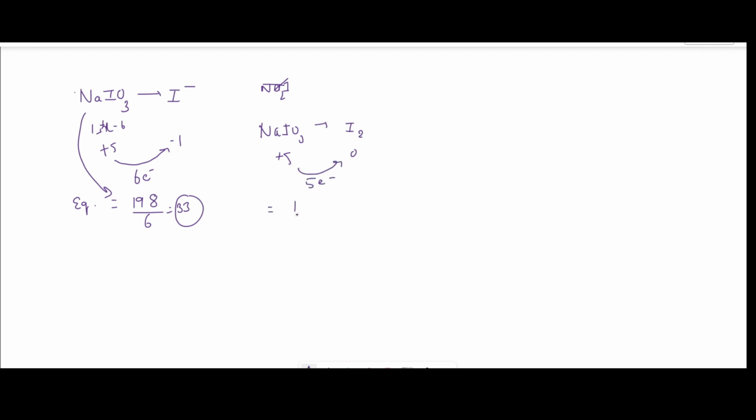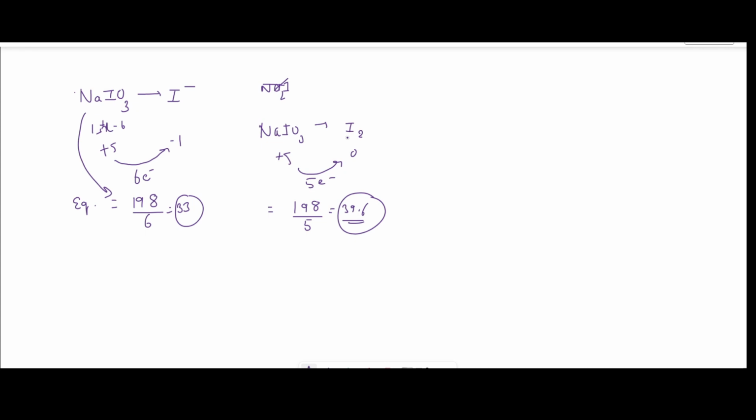So the equivalent mass will be the molar mass of NaIO3, 198, divided by 5, which is 39.6. So this is the equivalent weight of NaIO3 when it is reduced to I2. As said earlier, the equivalent weight of any substance is not always constant. It depends upon the type of reaction it is going through.